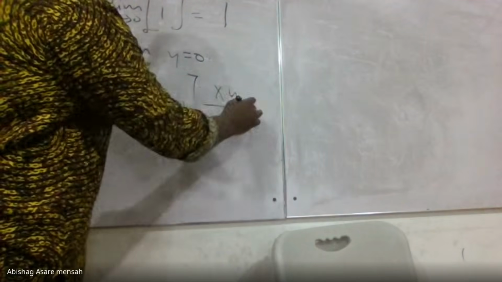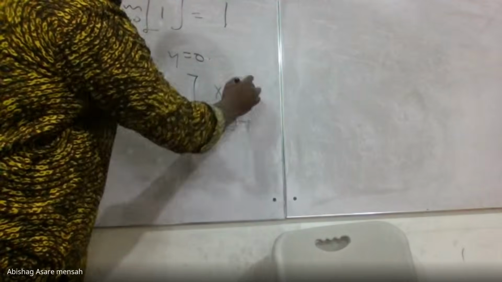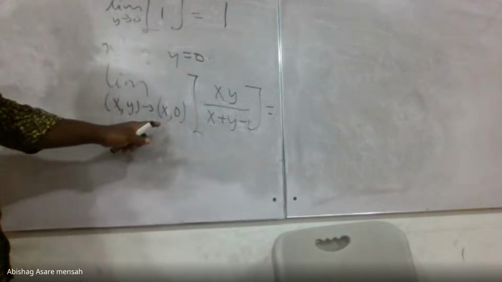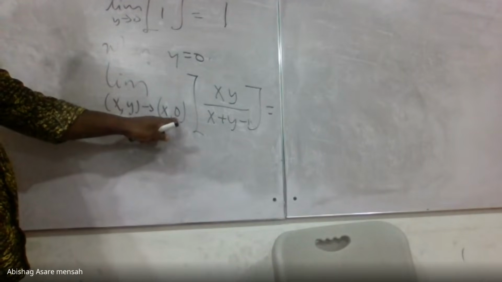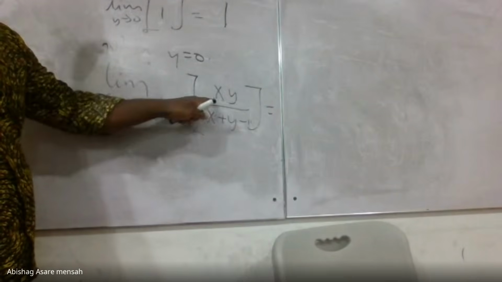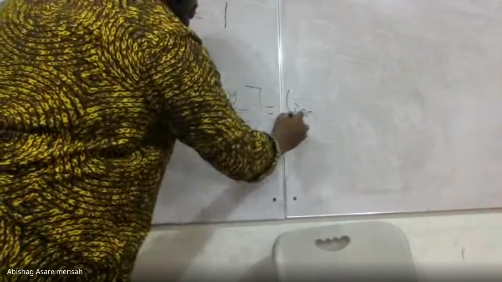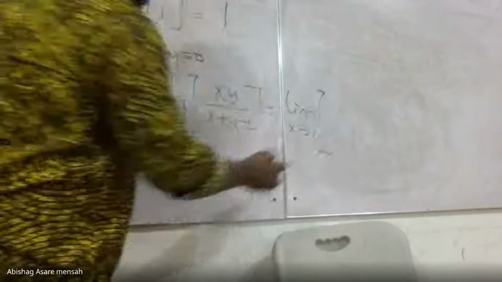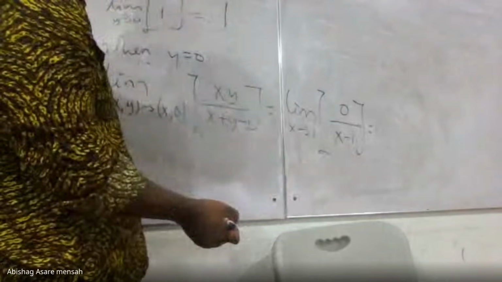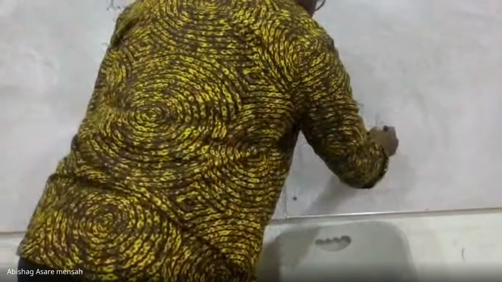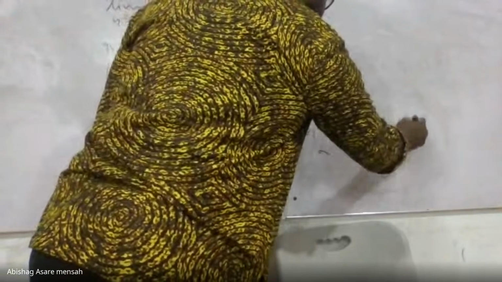So we are setting y to be 0. If we set y to 0, what will happen? This will be 0. Now I'm writing the limit as x approaches 1. So this will be 0 over x minus 1. 0 over this one is the same as 0. We are finding the limit as x approaches 1 of the function 0, which is 0.